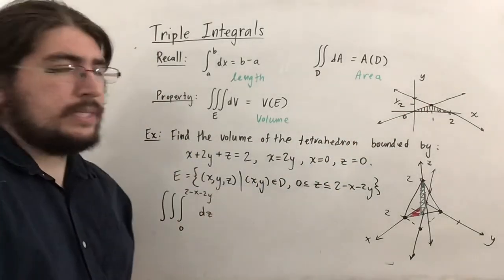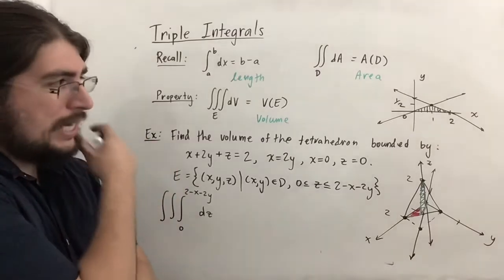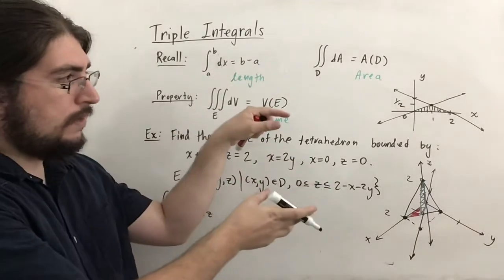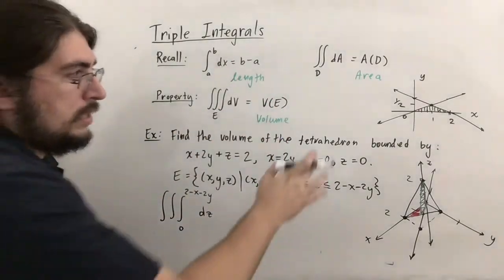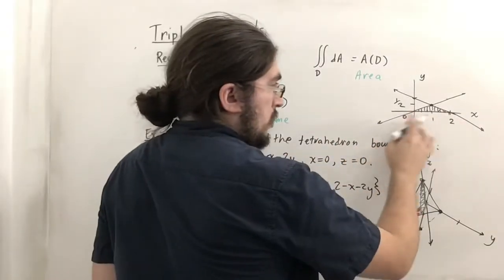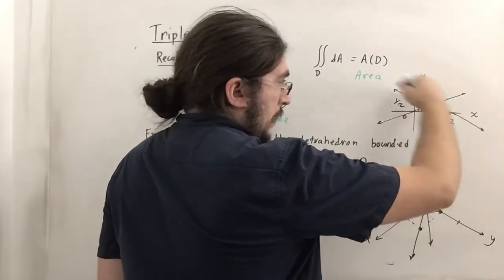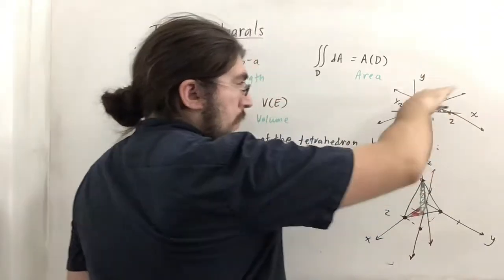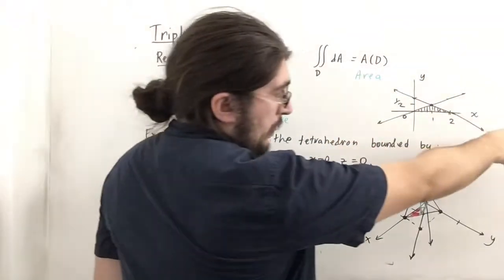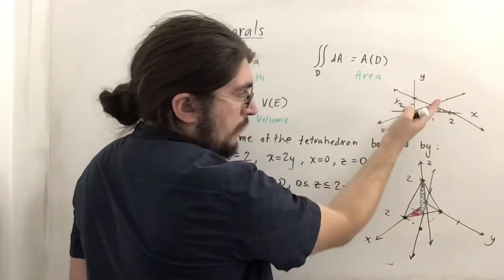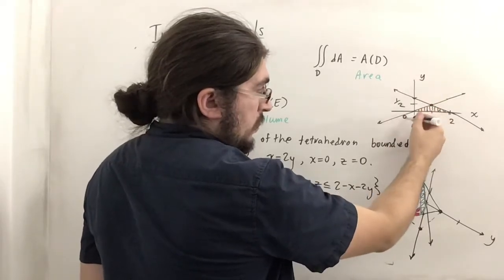So we could split it up into 2, but it's best actually to view this as a type 2. So instead of x being in between 0 and 2, we're going to say x is bounded by this top curve and this bottom curve, if you tilt your head and imagine this one being on top and this one being on the bottom. But then y would go from 0 to 1/2.